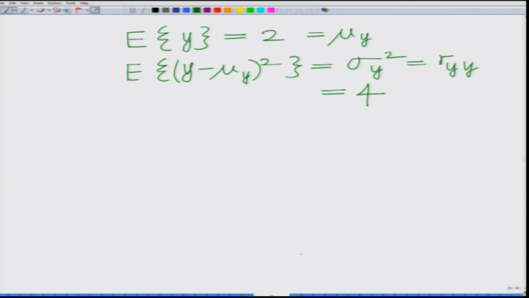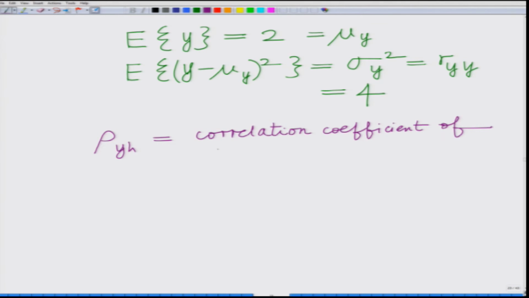Now, let us say the correlation coefficient rho of y comma h is equal to 0.8.